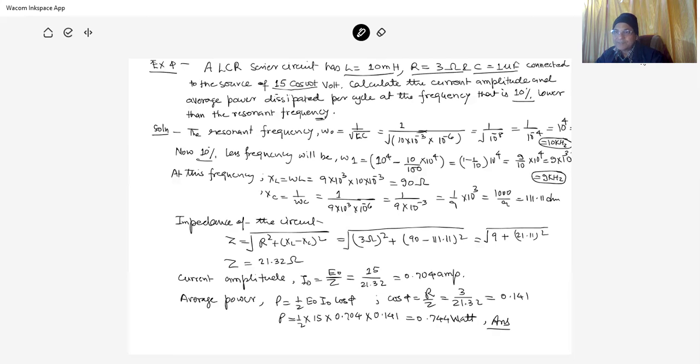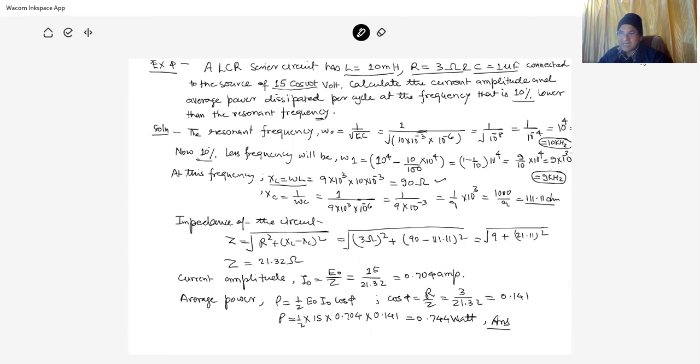At this frequency, XL, the impedance of the inductor, that is omega L, is 9 into 10 to the power 3 times L, and this is 90 ohm. And the impedance of the capacitance, that is 1 by omega C, is 111.11 ohm.